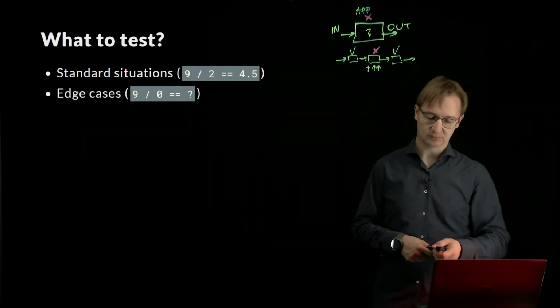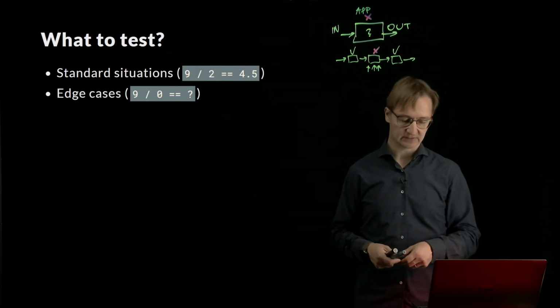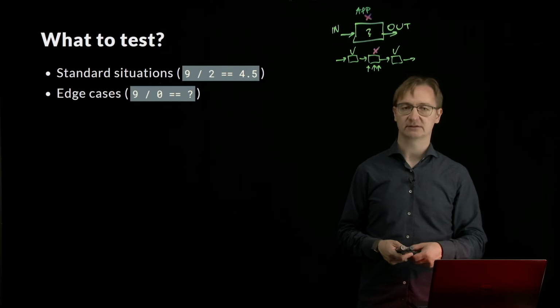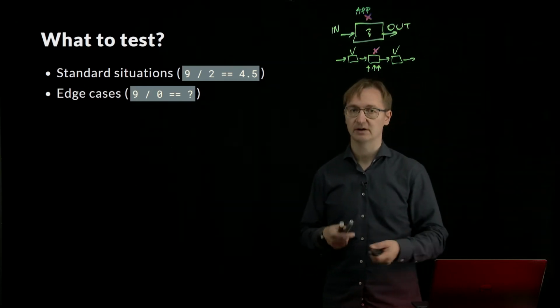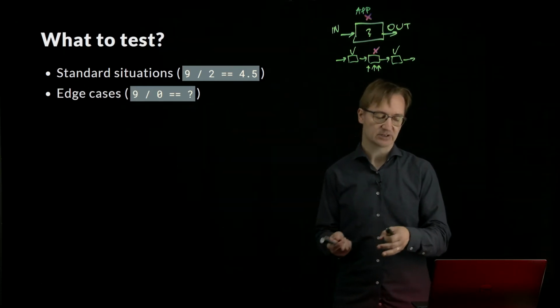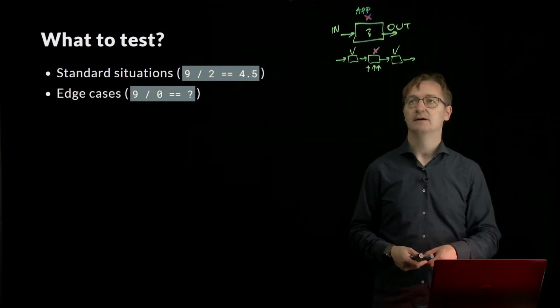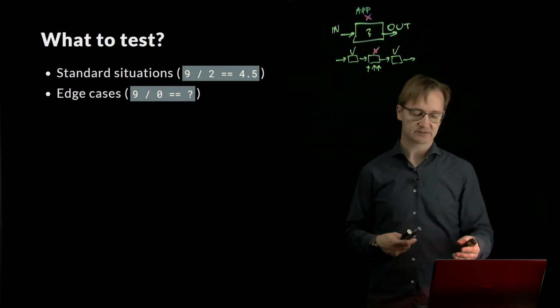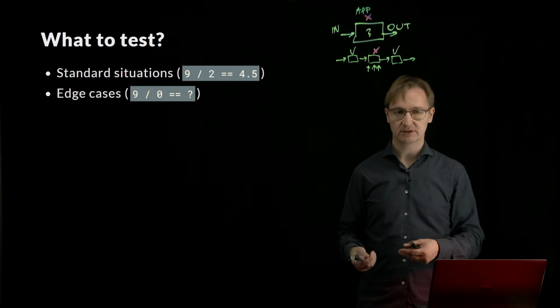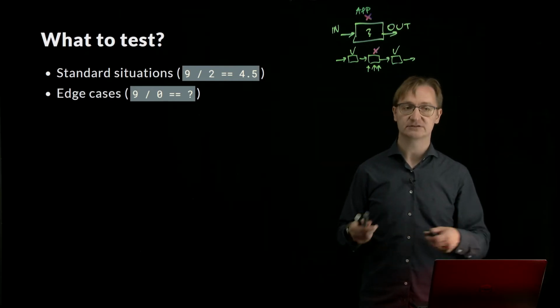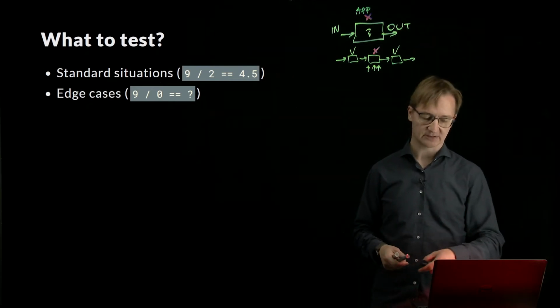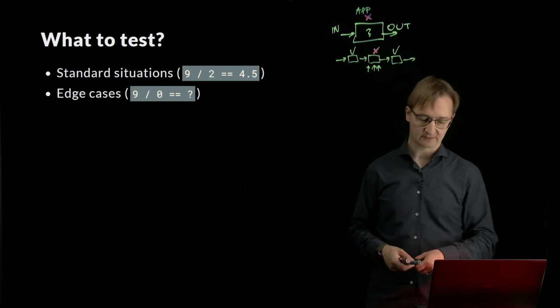Then we probably have to test the edge cases. The edge case here can be that I cannot divide by 0, so the code has to do something special for that situation. Also, if I have numbers, it's wise to test with positive and negative numbers. Often 0 is a special case, especially if we want to divide with it.